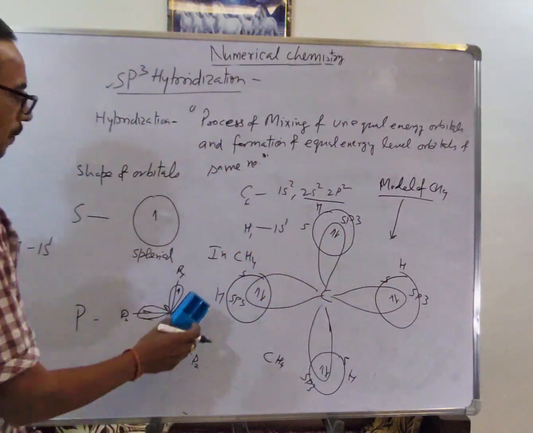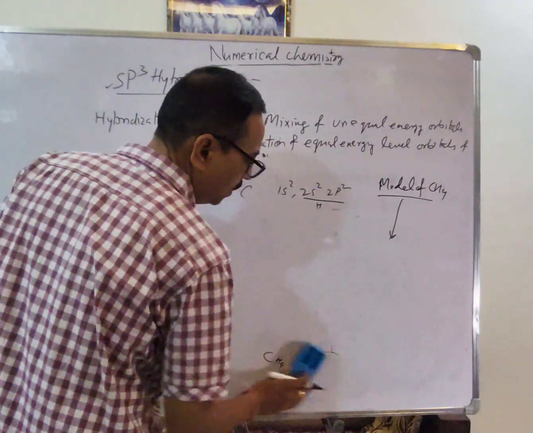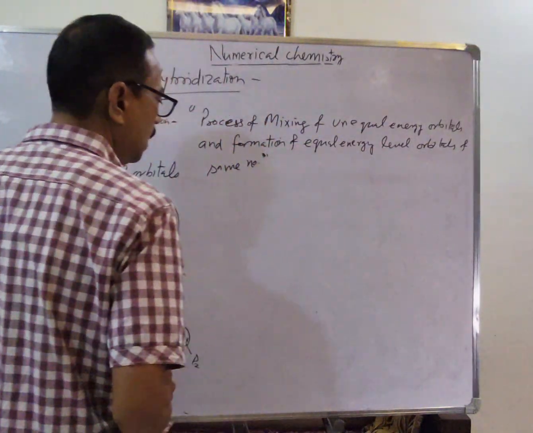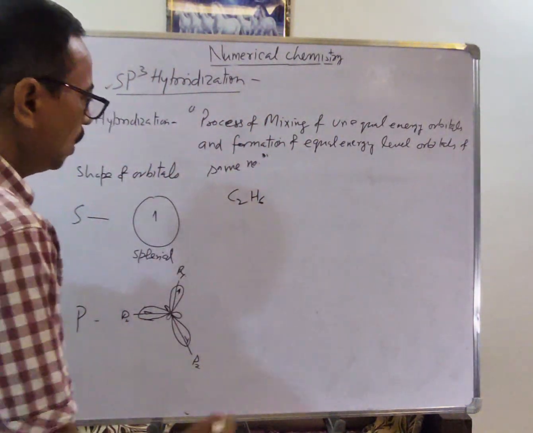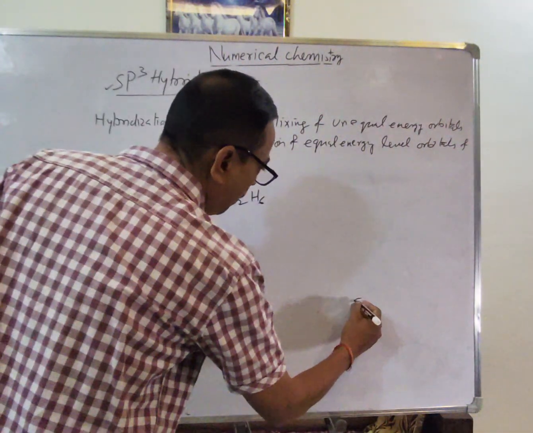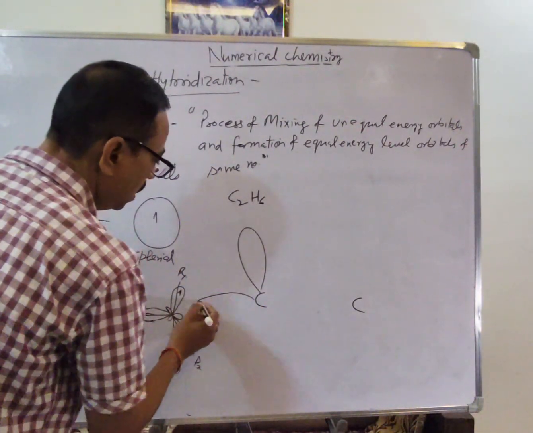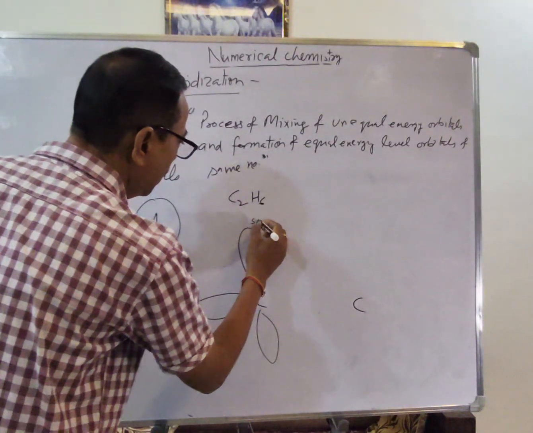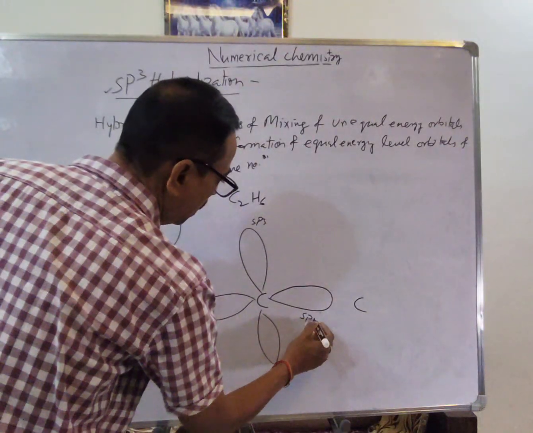Similarly, if we see the other alkanes, like ethane, C2H6. Here what happened? Two carbons go under the same sp3 hybridization. It means 4 orbitals. This is an sp3 hybrid, sp3, and this is sp3.